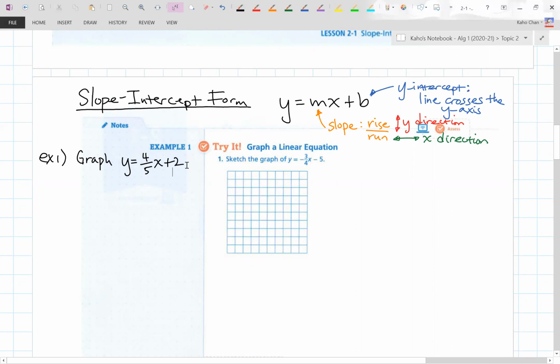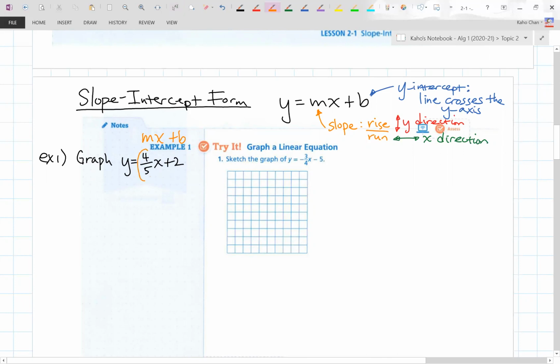If you compare it to the slope-intercept form, y equals mx plus b, you can extract a lot of information from there. It's already in slope-intercept form.